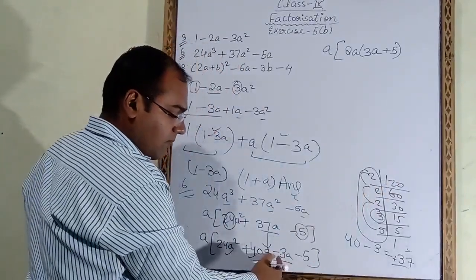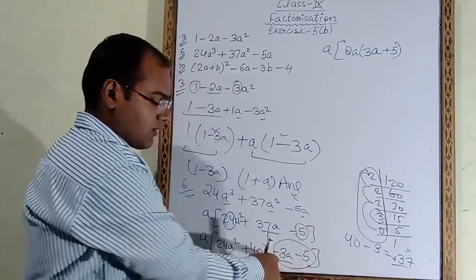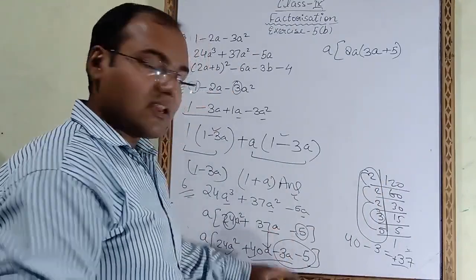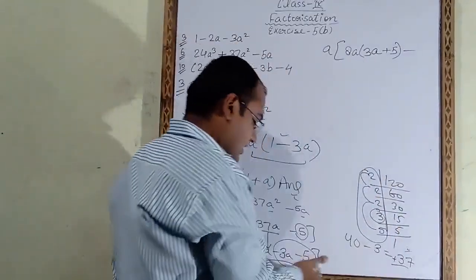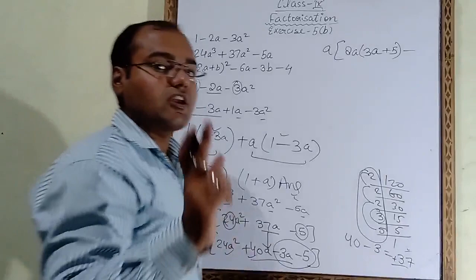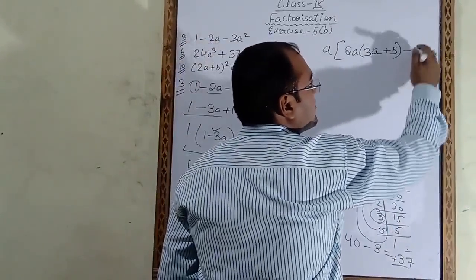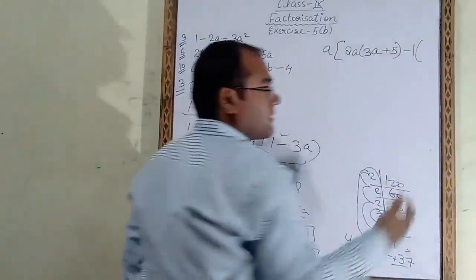Now from minus 3a and minus 5, from these two terms, nothing is common, only minus sign is coming common. So we will take minus sign, but if nothing is coming common, in that case you have to take 1. Now in the bracket we have to write the remaining number.